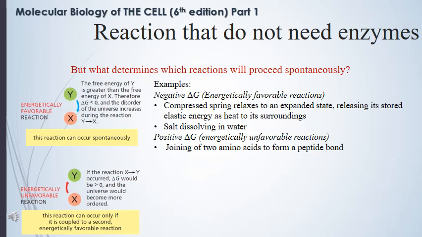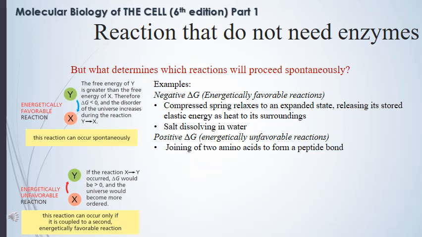So it was more orderly, it was more compact. Now when we released it, it became disorderly, it released heat, it increased the disorderedness of the world. So same thing happens in a chemical reaction. When we have a negative delta G, we have a substrate, which when it undergoes a chemical reaction, creates a product that is of lesser energy. So delta G is negative.